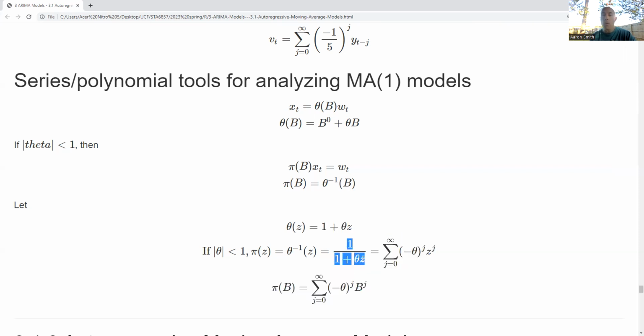Well, what I'm going to do, I'm going to convert this to its power series representation. And then that gives me the power series representation of this pi operator. And so this gives me a tool to analyze the inverse of the original operator. And so this gives me a way of going back and forth between X and W.